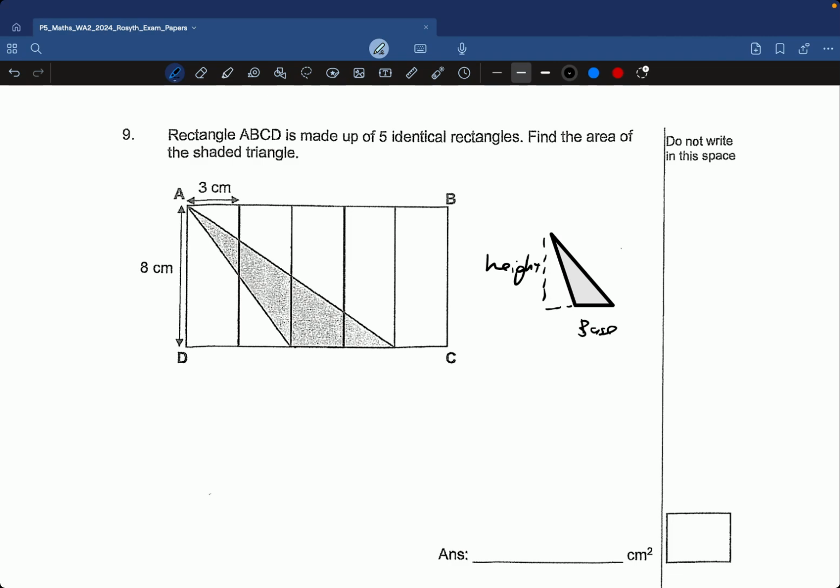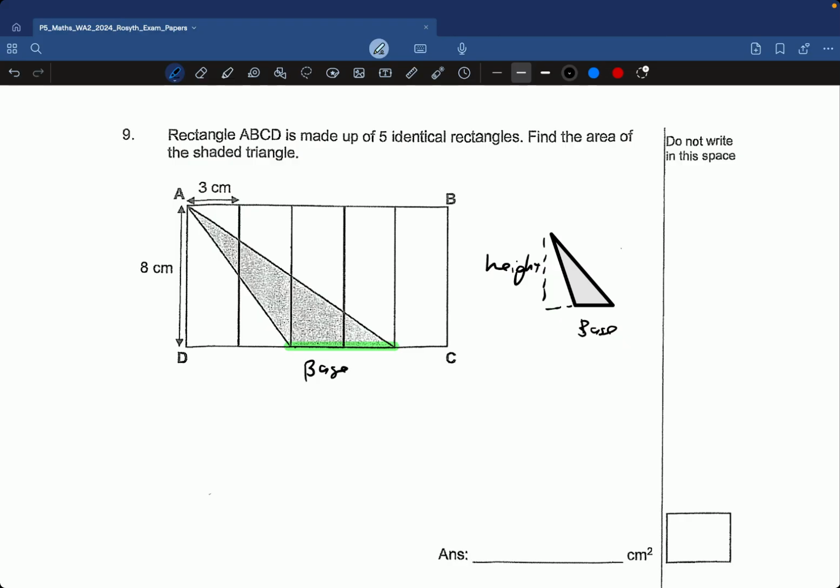So we know that this is the triangle that we're looking for, and this side is the base. Pretty straightforward.